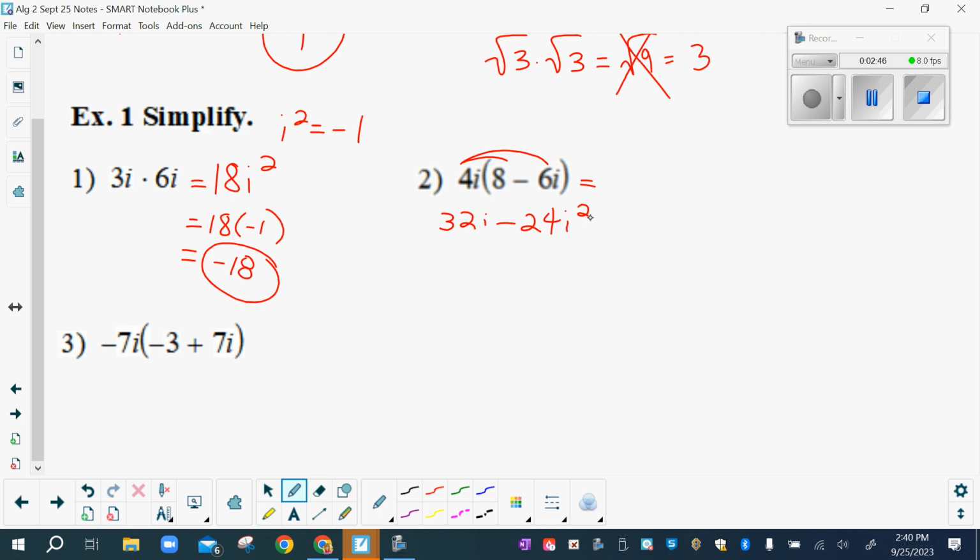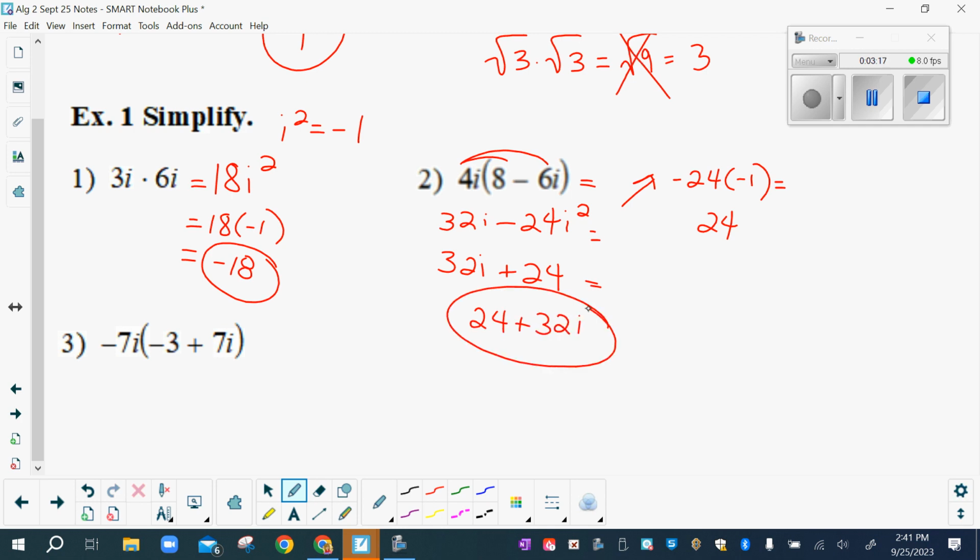What do we say i squared is? -1. So this would be -24 times -1, which is +24. So this gives us 32i plus 24. Is that in standard form? No, remember in standard form, we have to put the number first. We have to put the 24 first. So 24 plus 32i would be our answer in standard form. Questions on that?